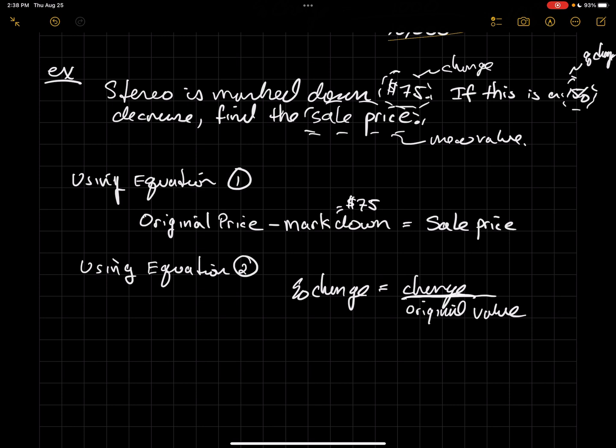That 15% is what we would call the markdown, the percent markdown. So even though the problem statement doesn't say negative 15%, we know that it's a 15% decrease. We know that it's a markdown percent. And so in order to be consistent with everything, what we'll do is we'll say that this is negative percent markdown, and this is equal to negative markdown divided by original price.